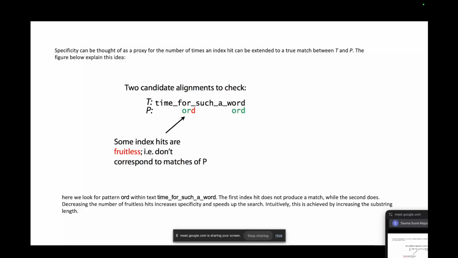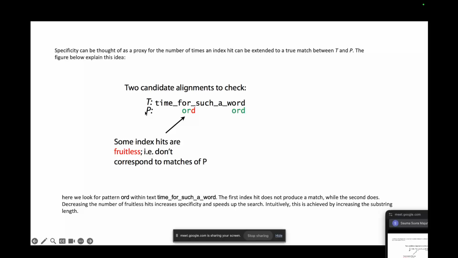Okay, now you have the indexes. Now you have to find the actual alignment of the indices, right? So you find these indices, and then you look for a particular pattern in these indices, and some of these will be fruitless and will not correspond to any matches.